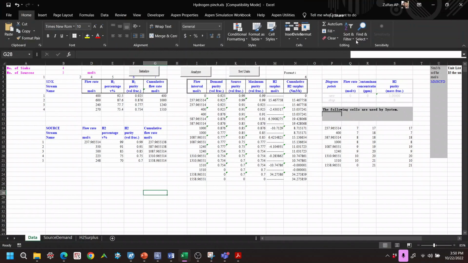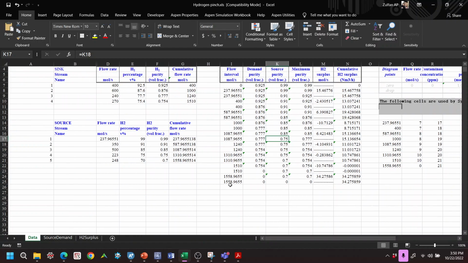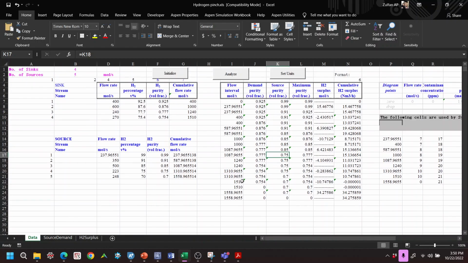Can you see? They have four sinks, which is this one, and five sources, which is this one, and then each of these.